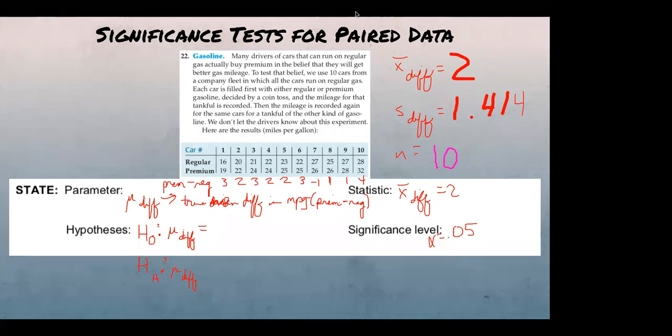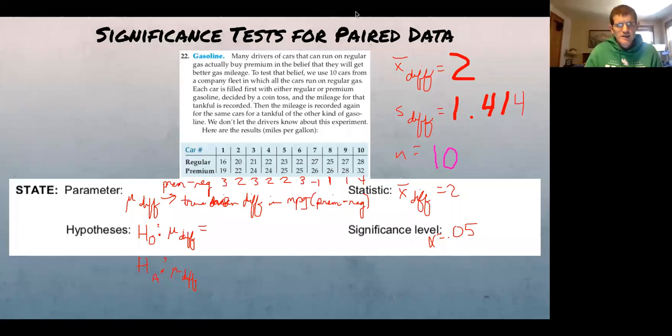It would be the same as the mean of regular gas. All right, so premium wouldn't give us any increase. There would be no difference between them. So the upshot of all this is that our mu sub diff for the null hypothesis is 0. We're saying there's no difference between them. And no matter how many miles per gallon you get to begin with, you're not going to see an increase.